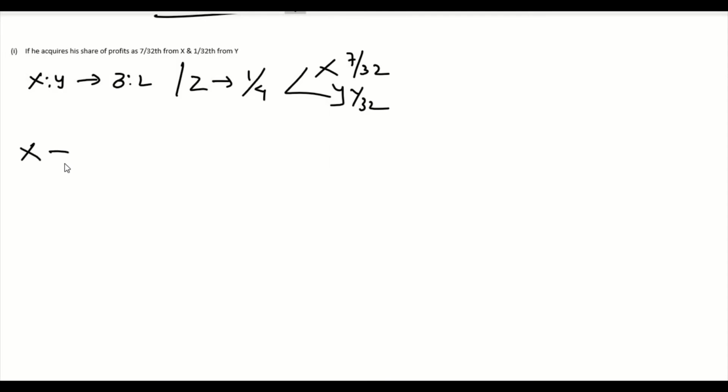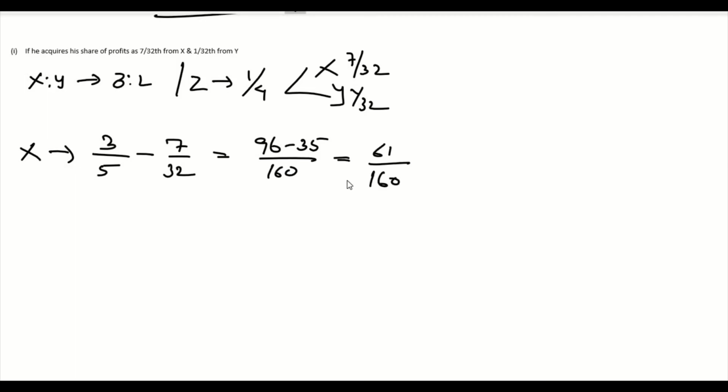So X, his new share is existing share 3/5 minus 7/32 that he has sacrificed for Z. That's equal to 96 minus 35/160. That's equal to 61/160. Then we have Y. It is 2/5 minus 1/32.